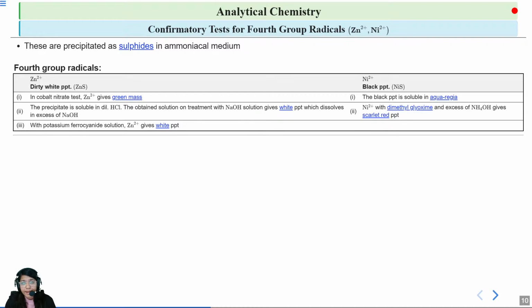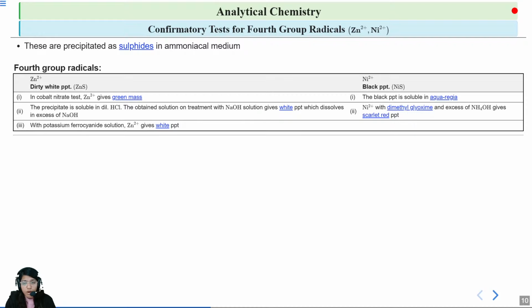dimethylglyoxime, DMG, in NH4OH, helping us to distinguish it from Zn2+. So, Ni2+ gives a black precipitate with H2S, while Zn2+ gives a dirty white precipitate with H2S. The black precipitate of nickel sulfide NiS is soluble in aqua regia. What is aqua regia? It is a mixture of nitric acid and hydrochloric acid.